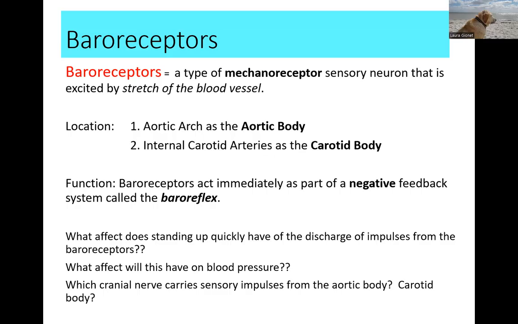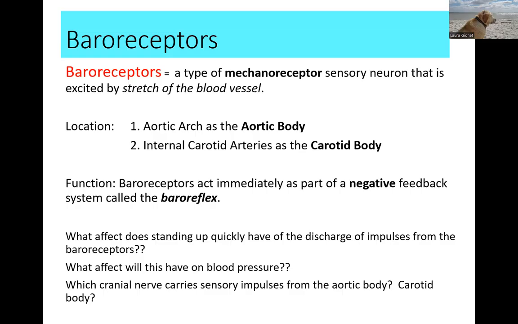If the number of signals normally generated drops too low, then we're going to respond as well, because now we want to elevate blood pressure. So what effect does standing up quickly have on the discharge of impulses from those baroreceptors? When you stand up quickly, gravity pulls on the blood and it drops downward, which means that the pressure detected by that baroreceptor is going to drop.